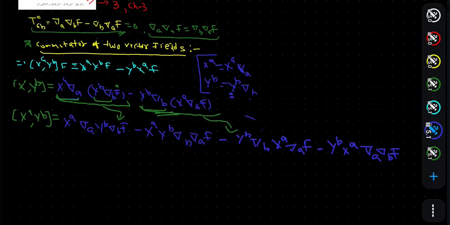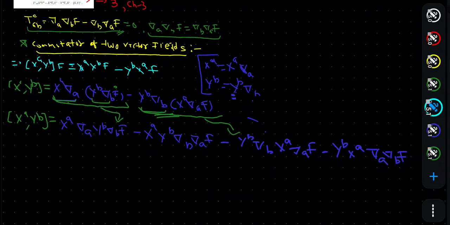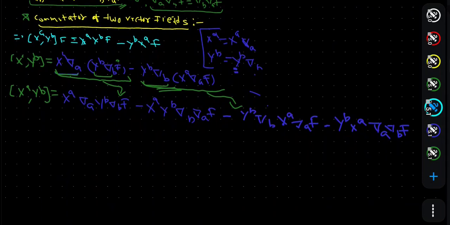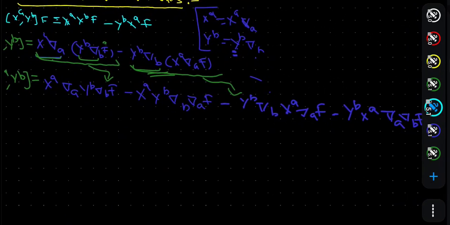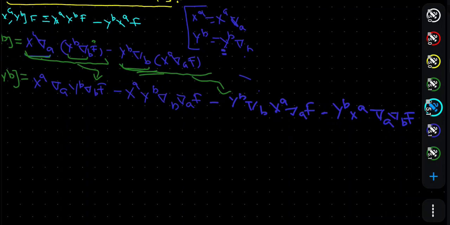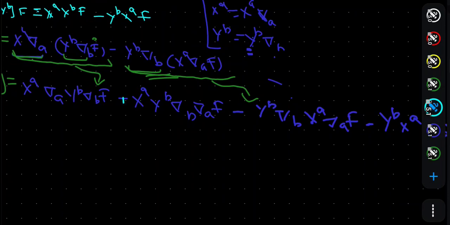Okay, so this is the expanded version, you can say. Now we'll try to use some manipulations because it's easy to do the manipulation to get what we want. Okay, here is a mistake. Here should be plus, here should be plus. I don't know why I've written minus here.